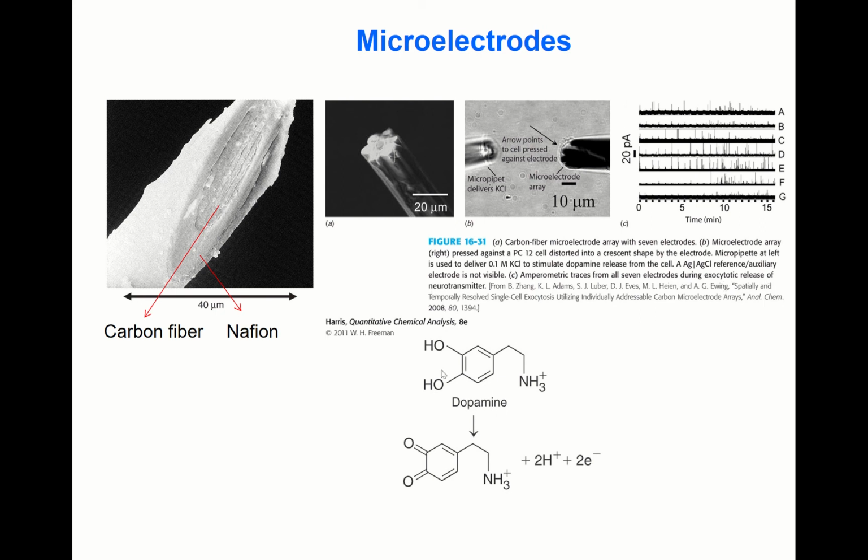You see, dopamine is a neurotransmitter secreted from the brain, right? So if there's not enough concentration of dopamine, Parkinson's disease is related to this dopamine level. So it is important to measure this dopamine level. And the electrochemical method is a very strong method.